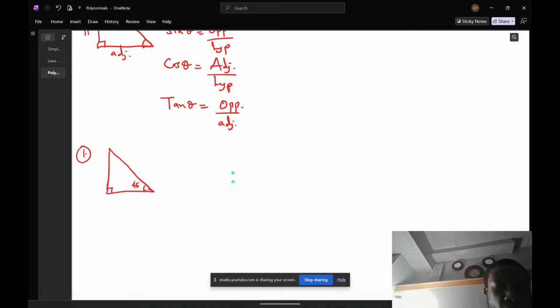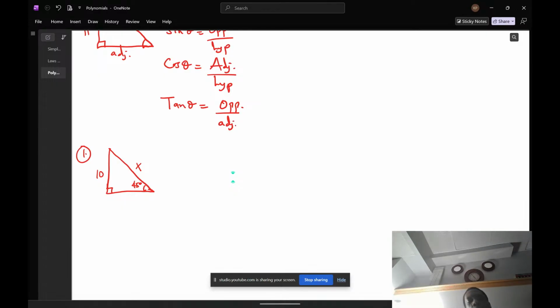So let's say this is 45 degrees, and we are given one side to be 10, and we have to find x. In this case, we are given the opposite. We have to find the hypotenuse, and we are given an angle.